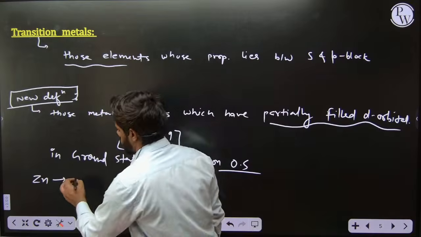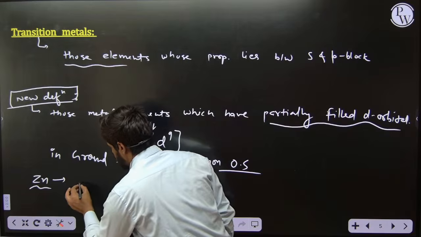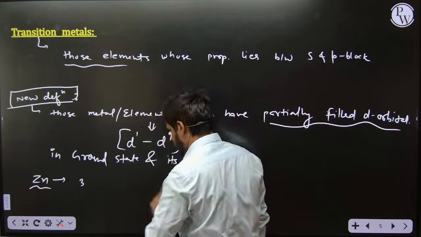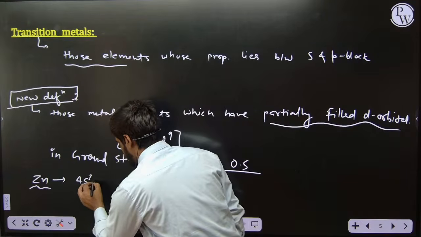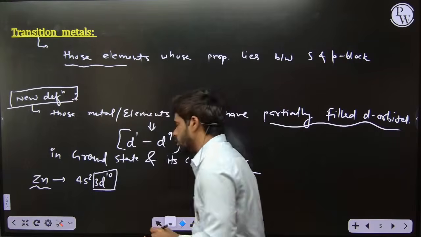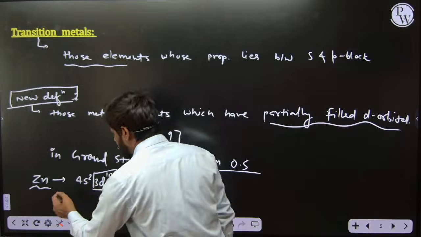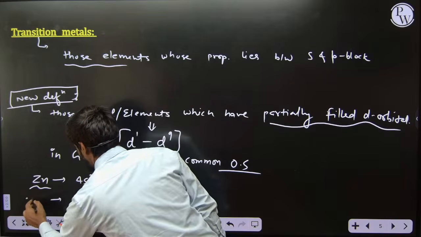First of all, what is the configuration of zinc in the ground state? It is 4s2 3d10. That means the d orbital is fully filled. So let's check the other oxidation states also.